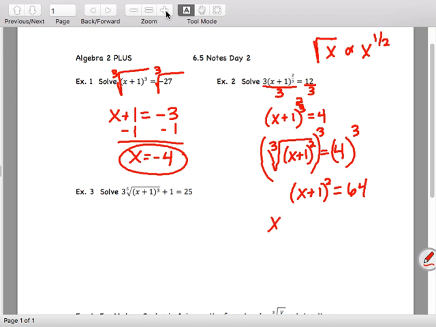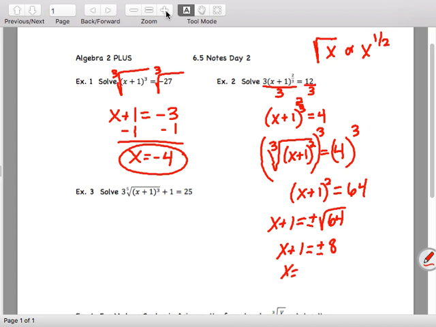So watch what I'm going to do here. Be careful. This is going to be plus or minus the square root of 64. This is the trickiest part of it. I've talked to you about your thinking cap. I really need you to be thinking. You don't want to go procedure and try to be the first one done. We want to go nice and slowly and think about it.